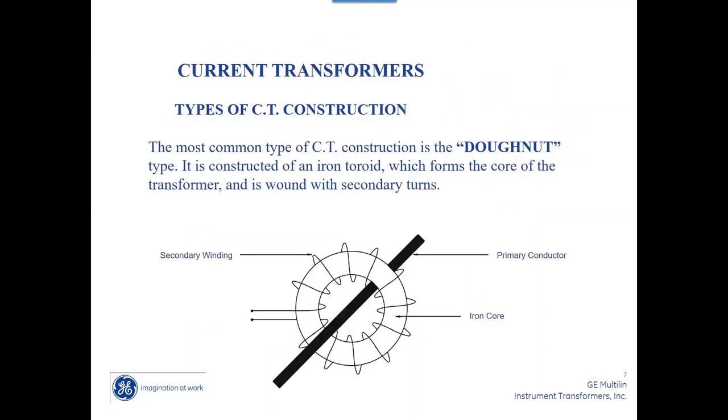So let's talk about what a CT is. A CT physically is very simple. All you have is an iron core and some wire. A piece of conductor goes through the center, and then there are wrappings around the secondary, and the number of wires wrapped around determines our ratio.